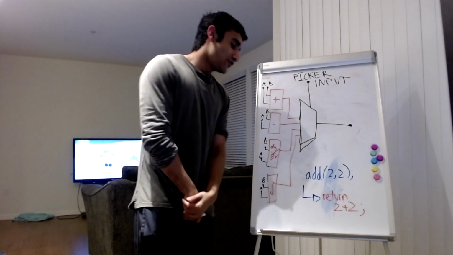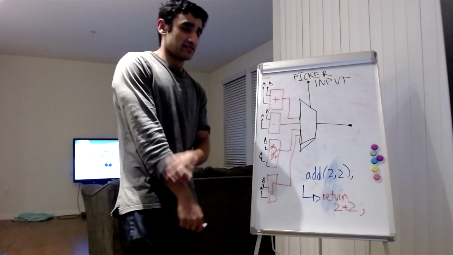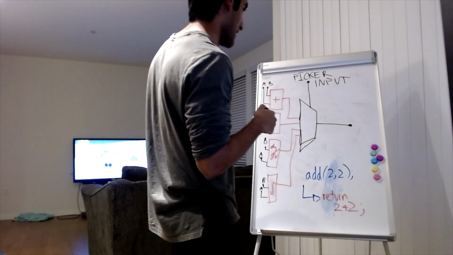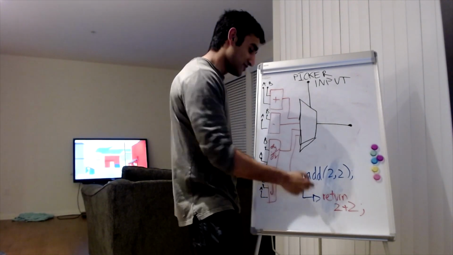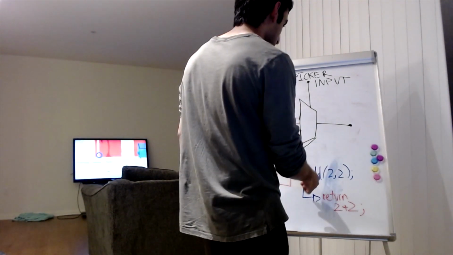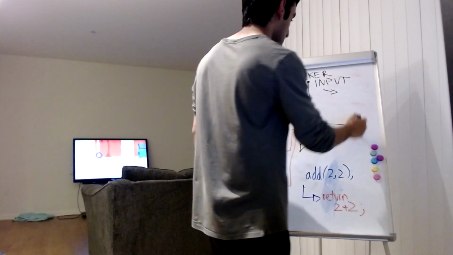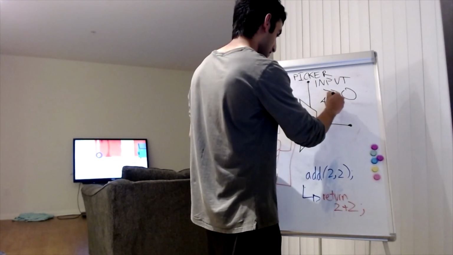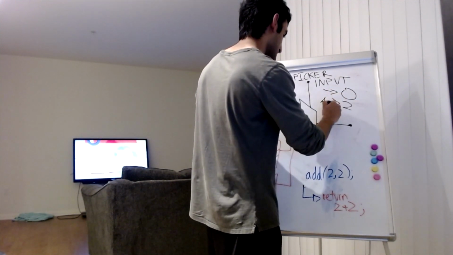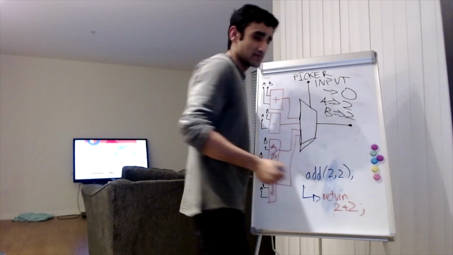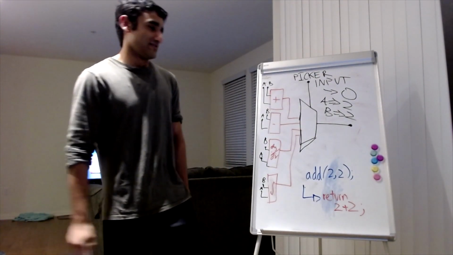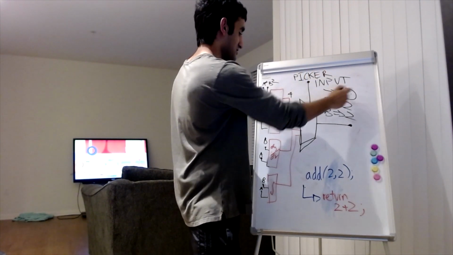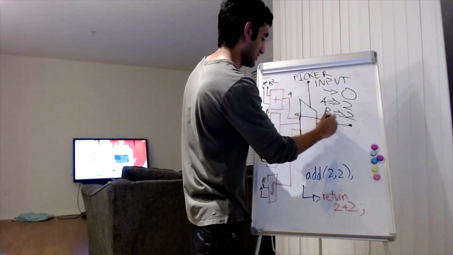What the computer is going to do, through some magic, is say, hey, when you run this line of code, you need to set this picker input signal to 0, and you need to set A to 2, and B to 2. So we're going to put 2 and 2 here. We're going to end up with 4 here. This picker is 0, so it's going to pick that 4 and output it right here.